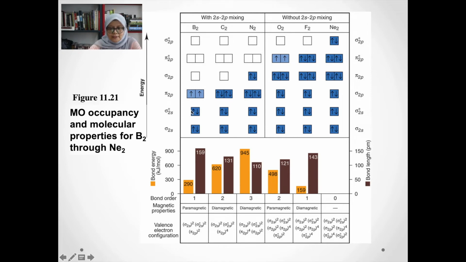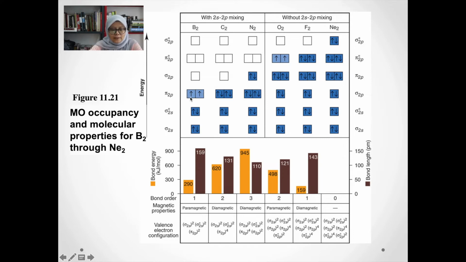For example, let's see here, let's say we have B2. Is B2 a paramagnetic or diamagnetic compound? As you can see at the pi 2p, there are two unpaired electrons.